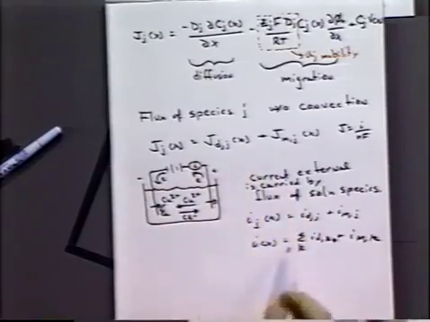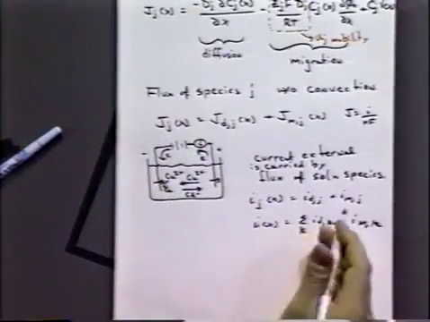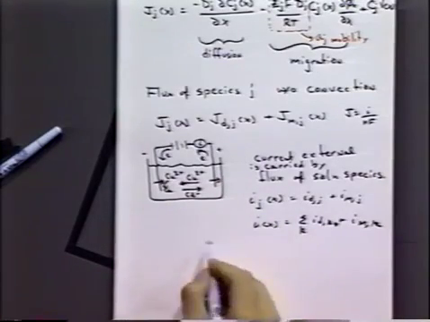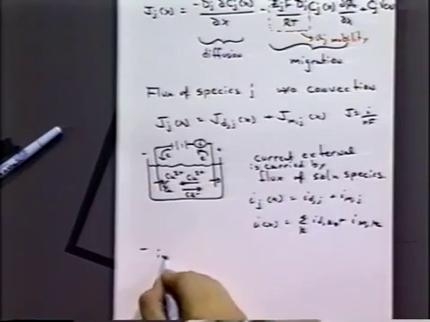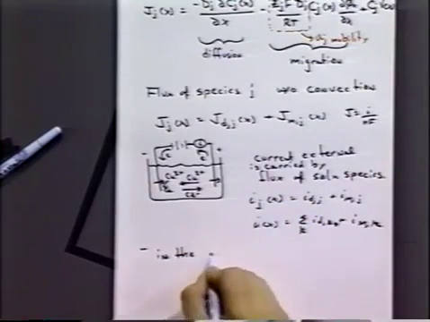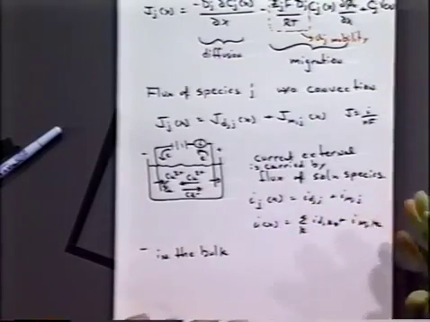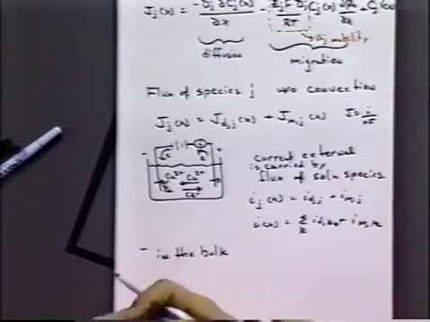So in order to understand the current flow in solution, we have to understand what's going on in the bulk, in the solution itself. Now what carries the current? I already said the movement of ions carries the current. Now in the bulk of the solution, there really is no diffusion allowed because there's really no concentration gradient in the bulk.